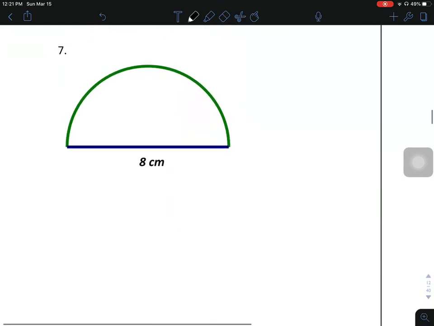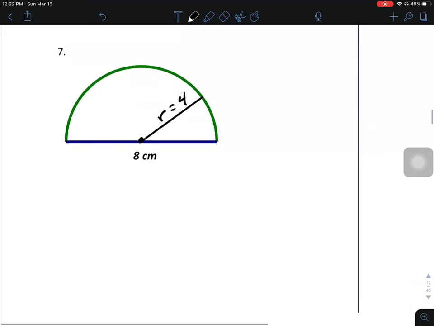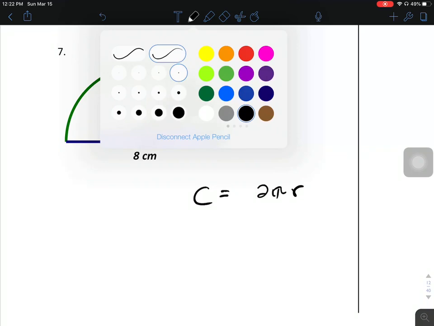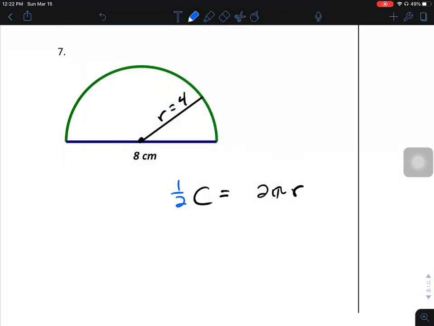Lastly, number 7, this is a semicircle, which means it's half a circle. I like to focus on the radius instead of the diameter. If you want to focus on the diameter, that's fine. To find the circumference of a circle, it is 2 times pi times r, but you'll notice this is half of a circle.